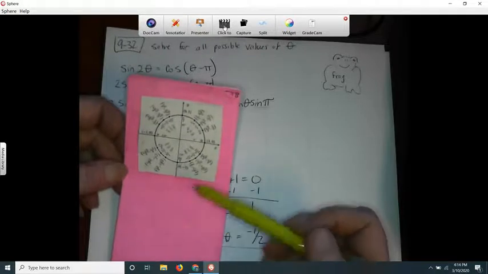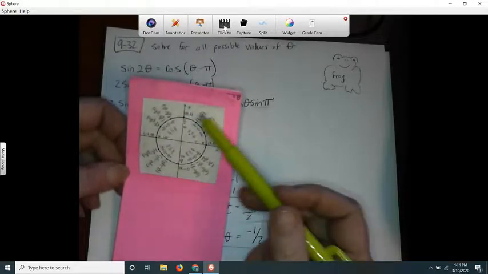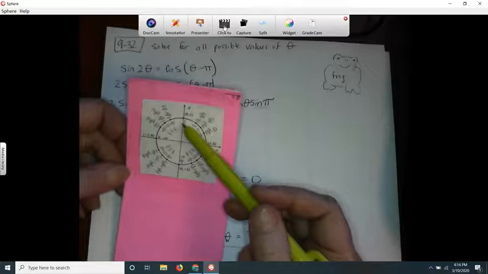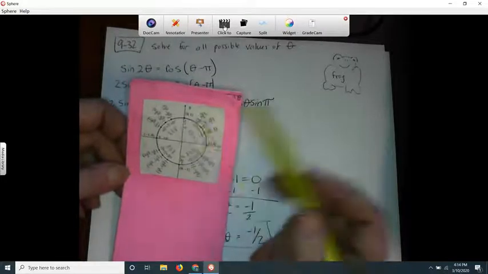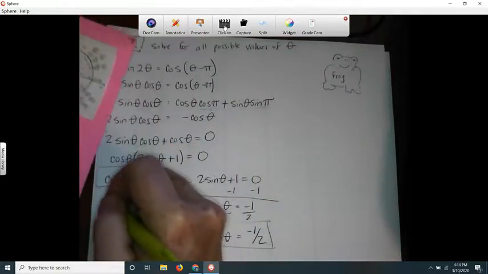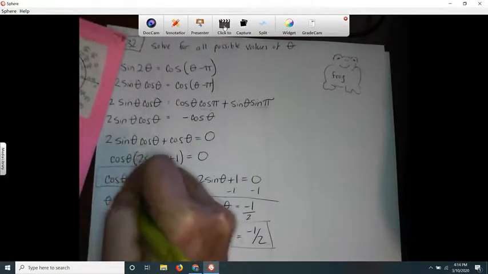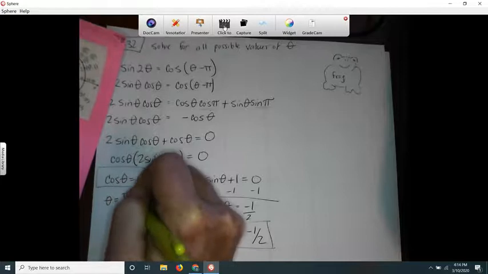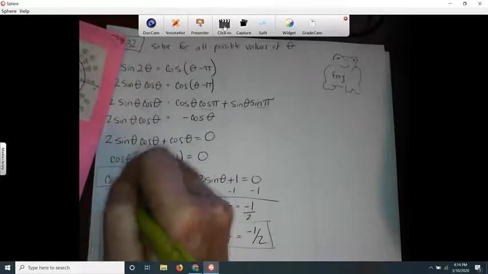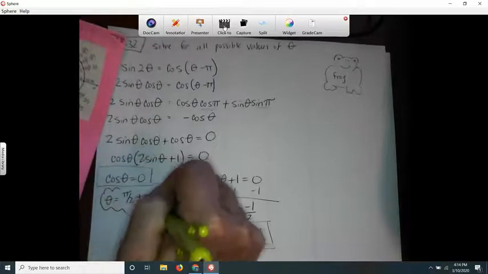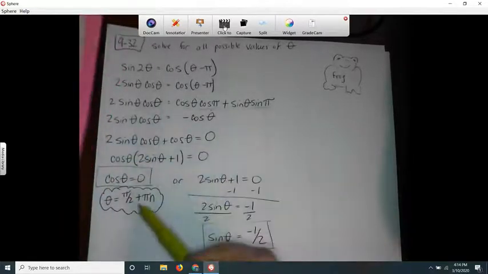And if I kept going around and around the circle, every pi it's going to be 0. Let me write it for you, maybe it'll make sense. Theta equals pi over 2 plus pi times n. This is the answer, or one of the answers. Why does that make sense?